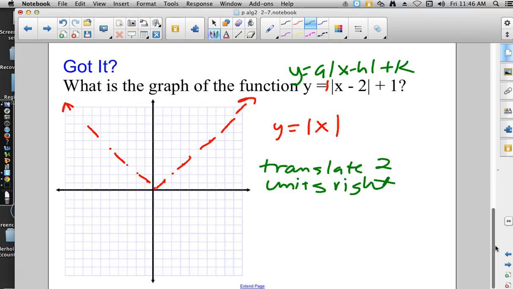Plus 1 in the back. What does that do for us? Up 1.